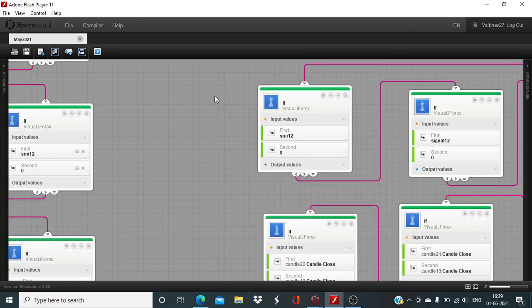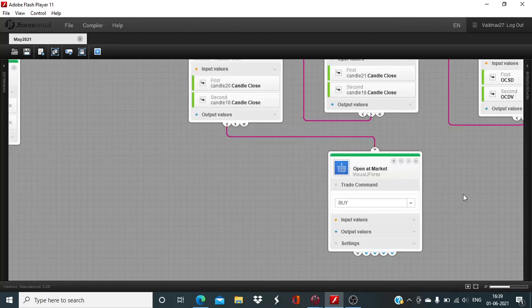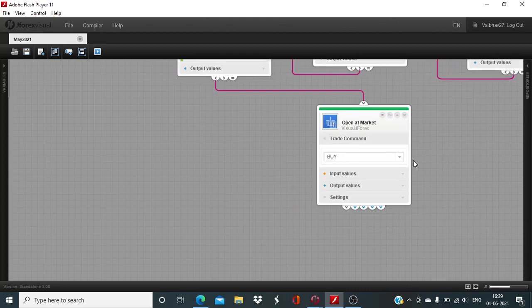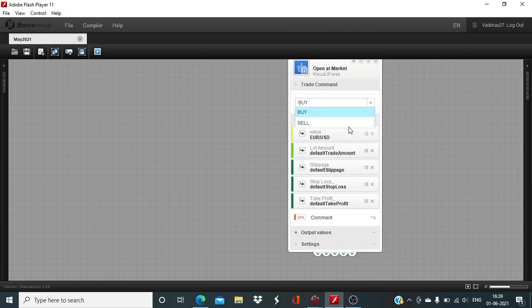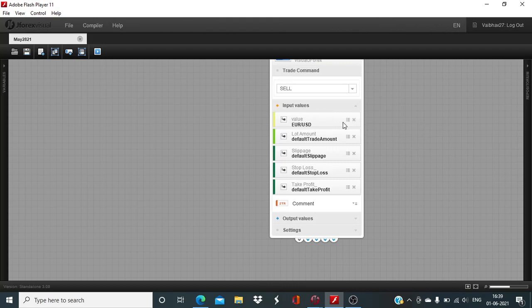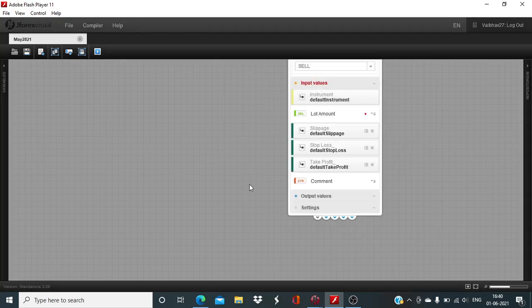Okay, so now you can see that algorithm iteration flow is going all the way till this block, and this is going to be a sell order. So this will be changed to sell. Default instrument remain as it is. Trade amount I will change to 0.1 million.